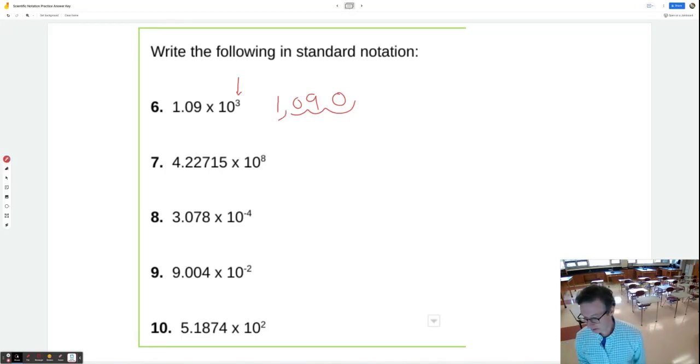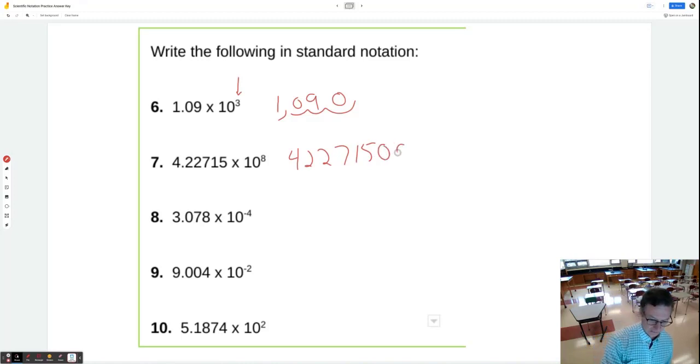Okay. The next one is to the power of 8. So that means I'm going to move the decimal point 8 places. It's a positive number, so I'm moving it to the right. I'm making a bigger number. So 4. The decimal point was already past that, and then it's 1, 2, 3, 4. Now I have to add zeros. 5, 6, 7, 8. All right, so there you go.